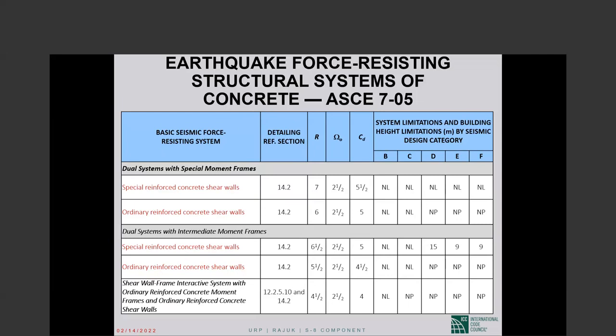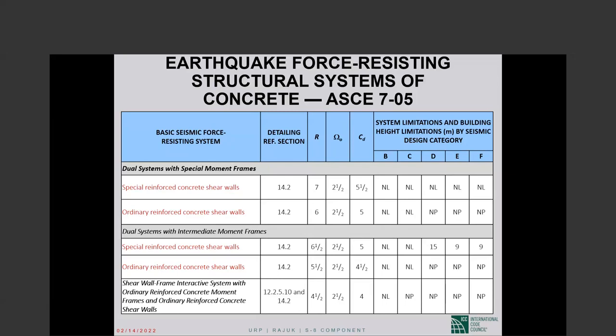This is called the interactive analysis. Typically, you provide rigid links in between to indicate the diaphragm coupling, and you analyze under the code prescribed seismic forces. Then you do a second analysis of the frames only under 1/4 of the design lateral forces.